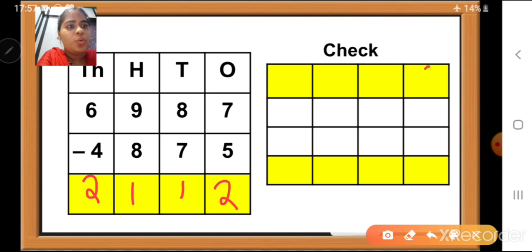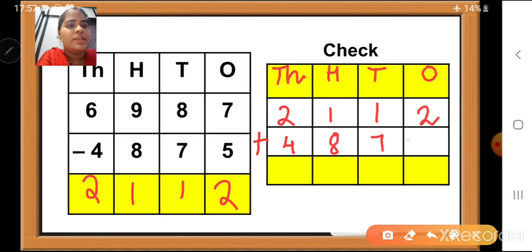So write your ones, tens, hundreds and thousands. After that, write down the difference, 2112. We have to add a plus sign, 4875. Add from the 1's place.